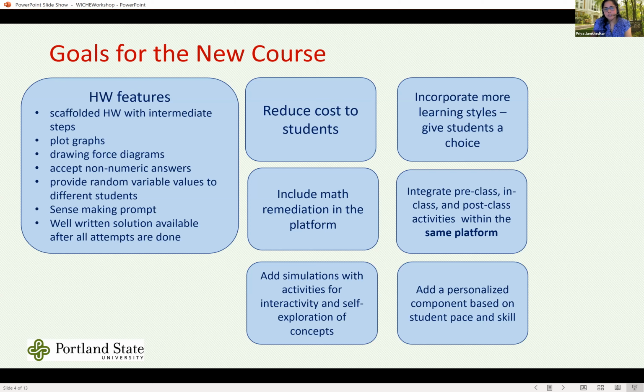And with all these features in place, that added the personalized component wherein students could work at their own pace, their own skill level. We also provided support items like us solving some sample questions, and support in terms of textbook pages and content pages. So a little bit of support that way. So these were the goals.